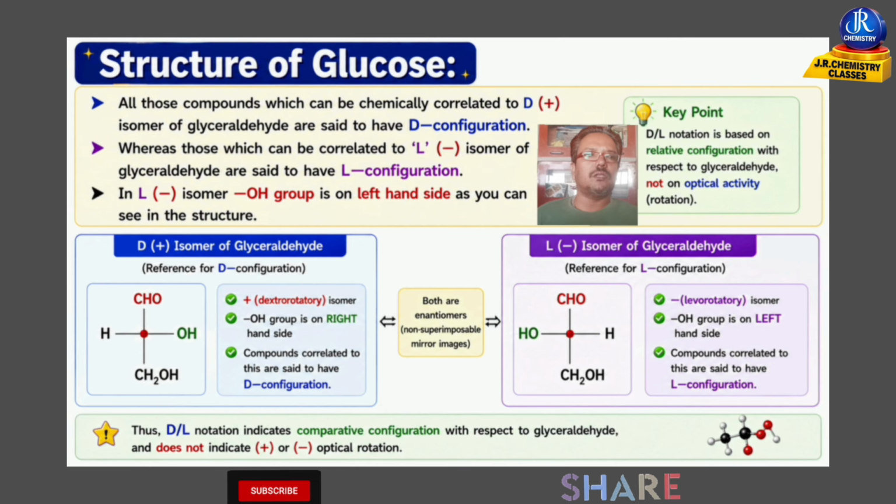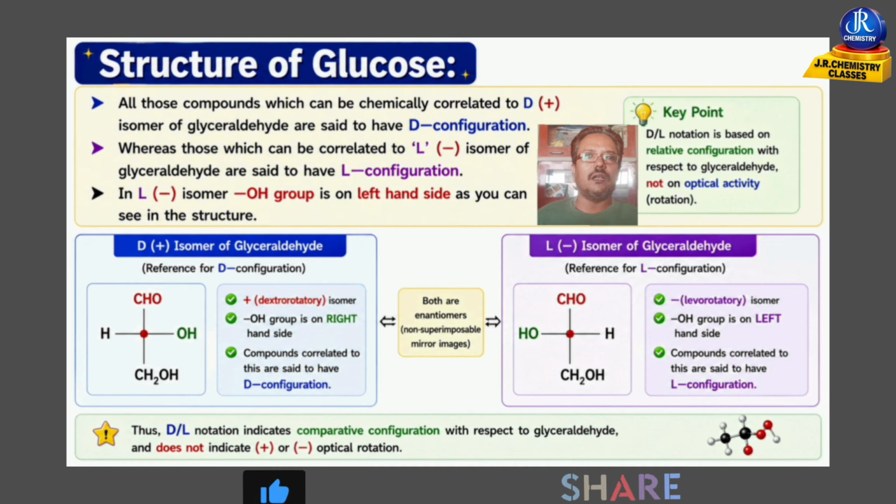All those compounds which can be chemically correlated to D(+) isomer of glyceraldehyde are said to have the D configuration, whereas those which can be correlated to L(−) isomer of glyceraldehyde are said to have L configuration.